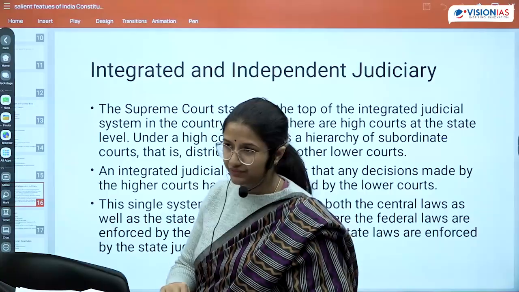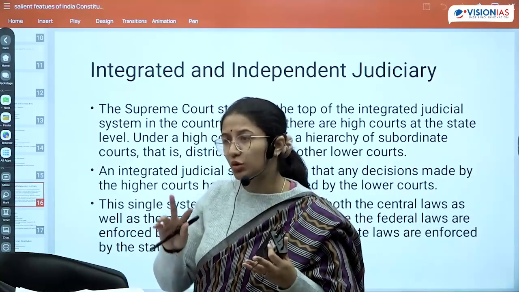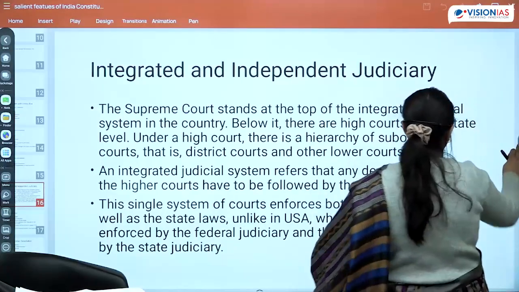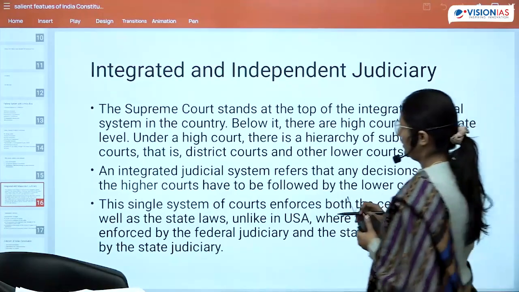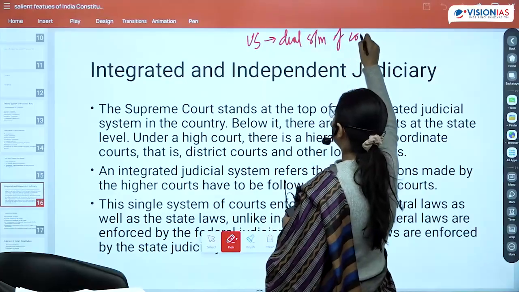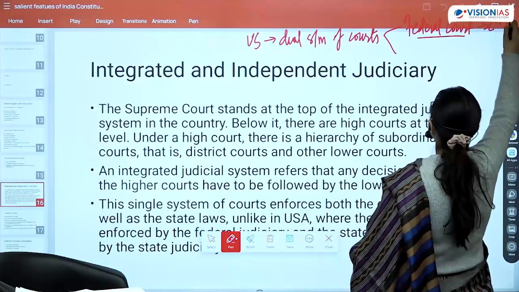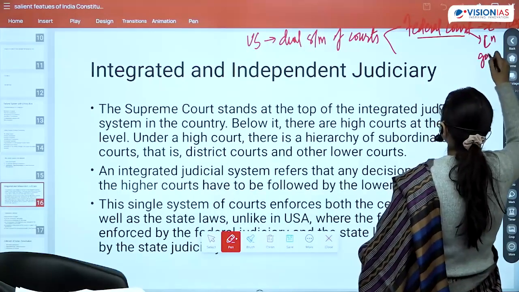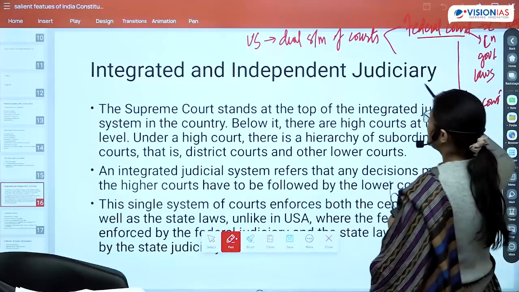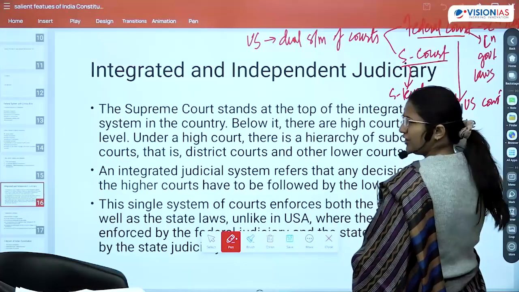See, in case of US, there are two systems of court. एक state level पे court system है, क्योंकि वहां पे dual constitution है ना, the states have their own constitution and the central government has their own constitution. So in case of US we have a dual system of courts. You have federal courts, फेडरल कोर्ट मतलब जो central level पे है, जो central government के laws enforce करेगा, जो US Constitution पे adjudicate करेगा. Yes, and there is state court to enforce state level laws, state level constitution enforce करेगा.